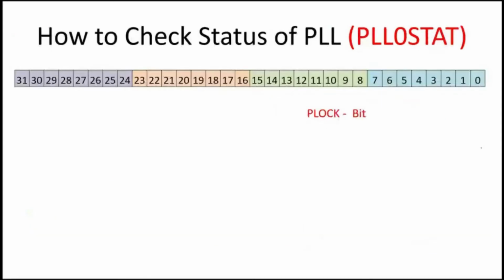Third thing, once you load the PLL with appropriate values of M select and P select, the processor will start generating 60 MHz using the PLL. But as a designer, how do I know that it has achieved 60 MHz? This is where the status register comes in. The status register is always used to get feedback.